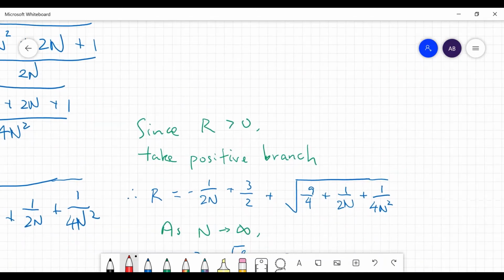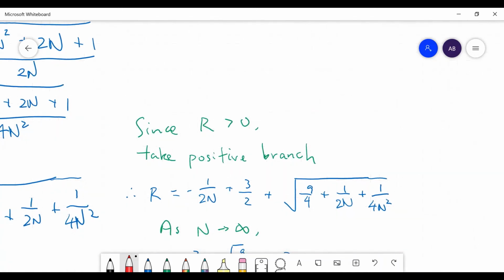So what we can do now is consider what happens as n tends to infinity. If you think about it intuitively, as n tends towards infinity, there will be no current flowing through the n ohm or n squared ohm branches, because the resistance is simply too huge. So what you'll get is a very simple circuit with only 3 1-ohm resistors connected in series, and so you get 3.